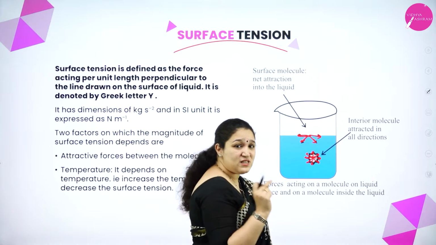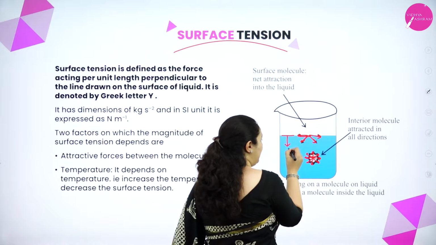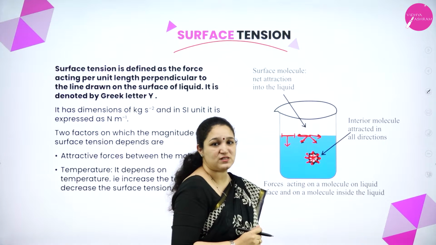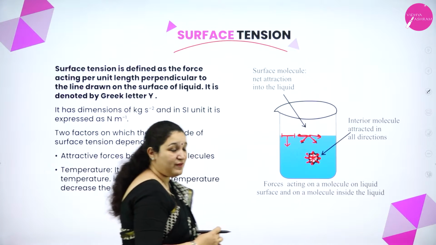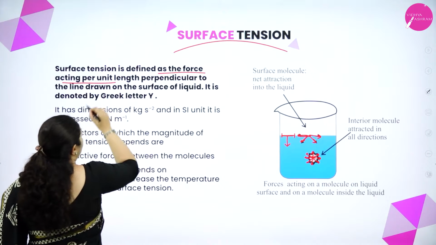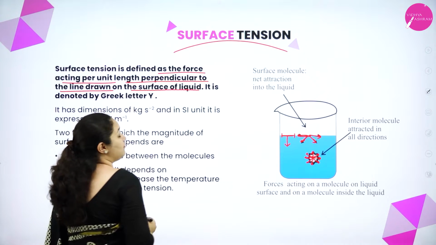Thus, surface tension is the force acting perpendicular to the line drawn, per unit length of the surface. So what is surface tension? It is defined as the force acting per unit length perpendicular to the line drawn on the surface of the liquid.